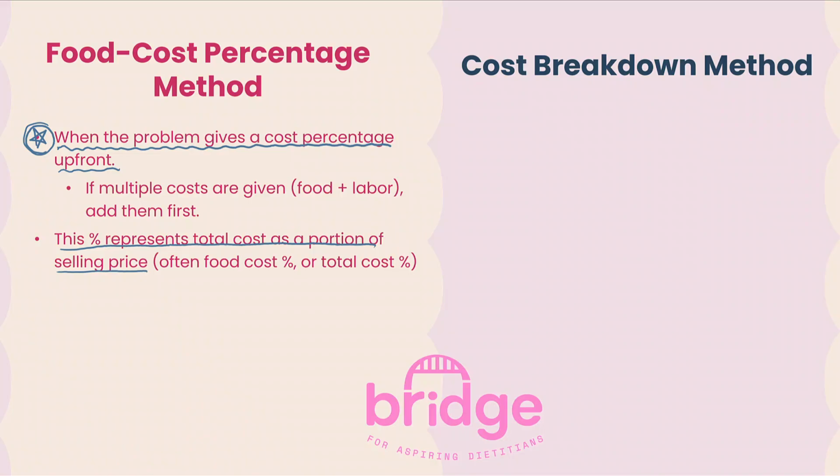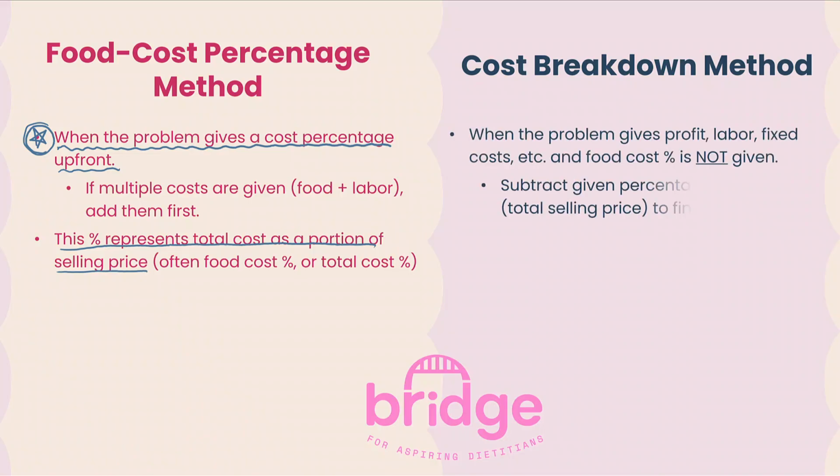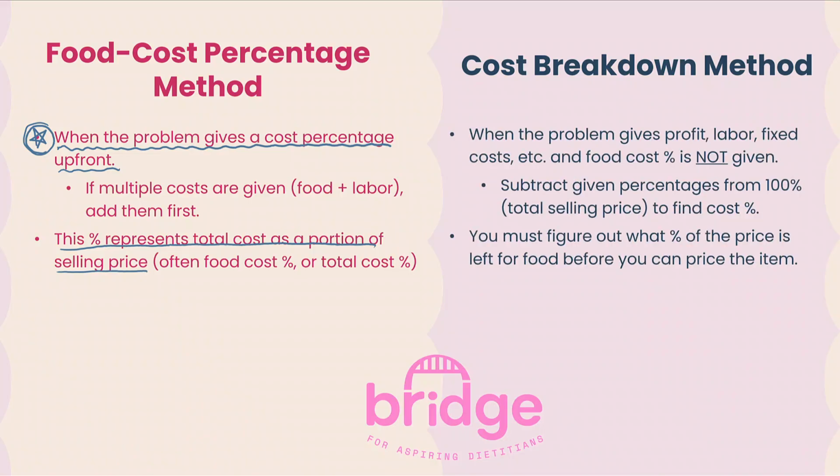But the other type of problem is the one that we are primarily looking at in this video, and we're calling this the cost breakdown method. We use this method when a problem is giving you pieces like profit, labor, and fixed costs. Remember, fixed costs are not part of cost of goods sold. These problems will not give you the food cost percentage.